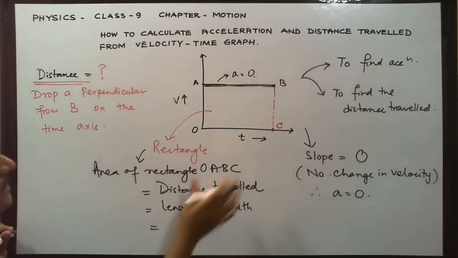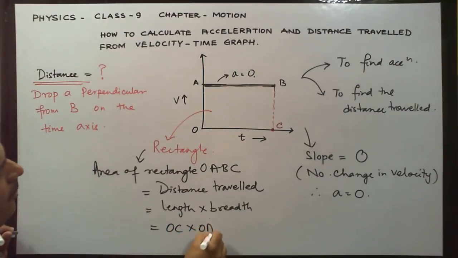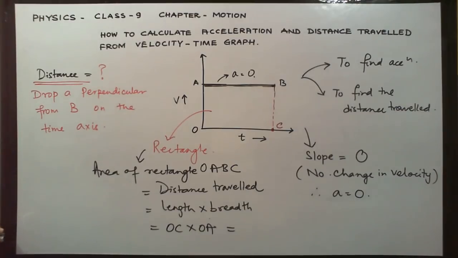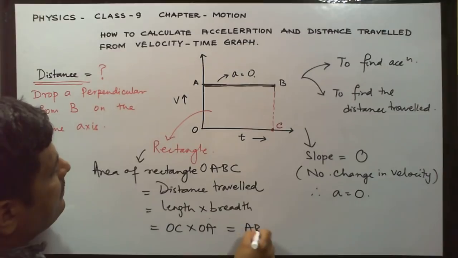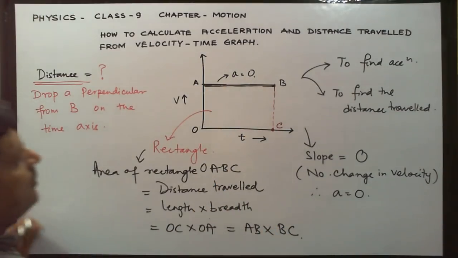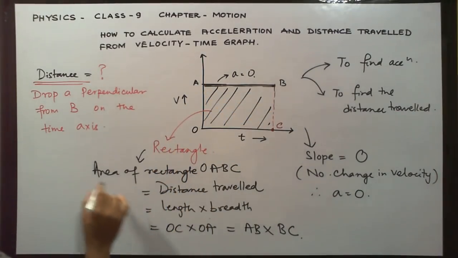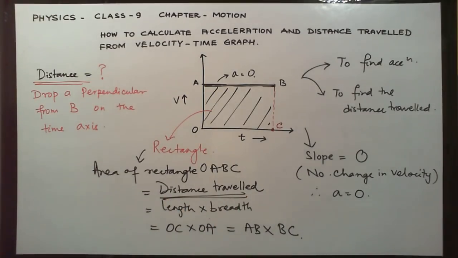You can take OC into OA, or you can take AB multiply BC. OC is same as AB and OA is same as BC. So if you find out the area of this rectangle, you get the distance traveled by the body.